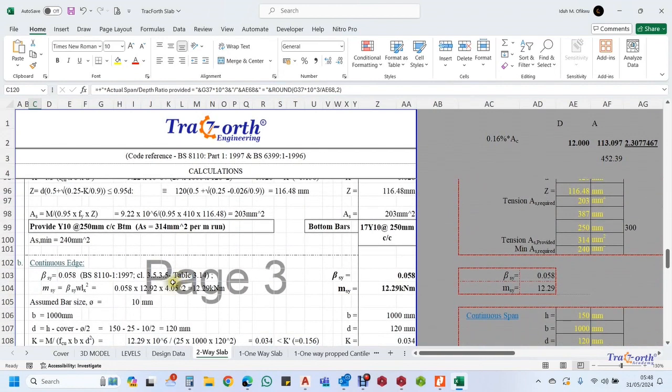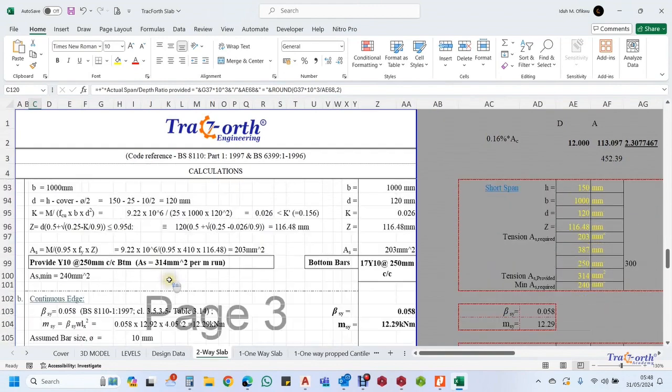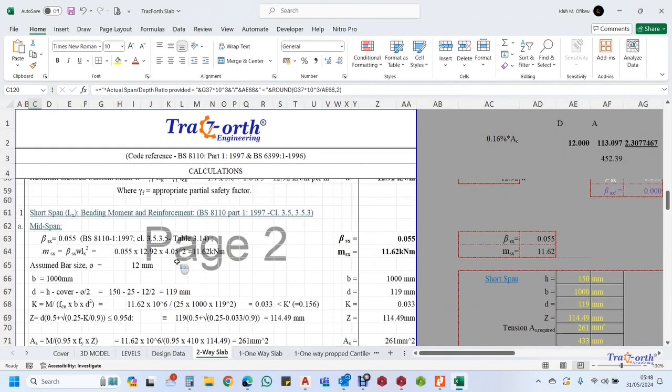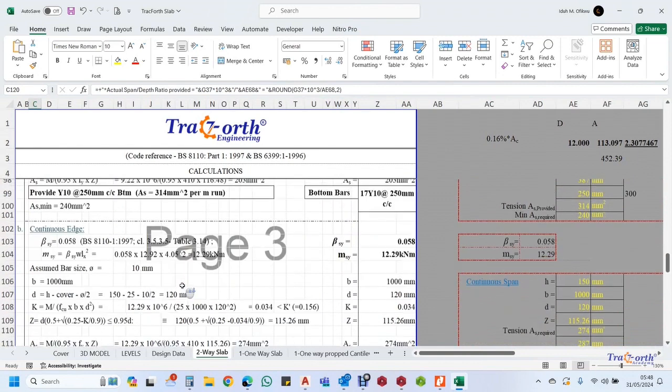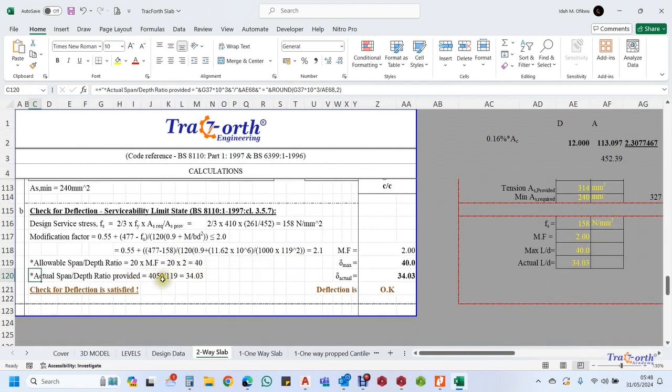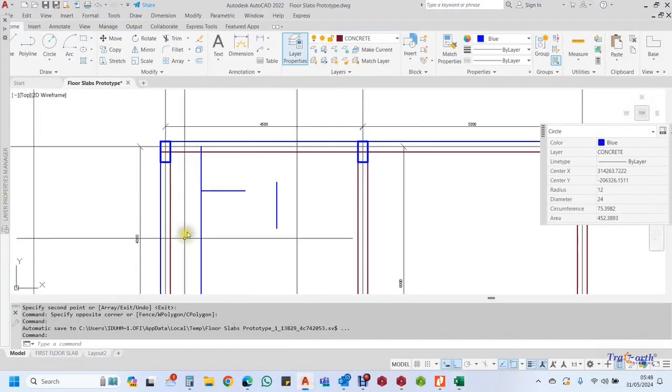Remember when we calculated the effective depth? For our short span, 119. So with this, you see that it is less than 40, and because it is less than 40, the deflection is satisfied to be okay. So meaning your analysis is okay.